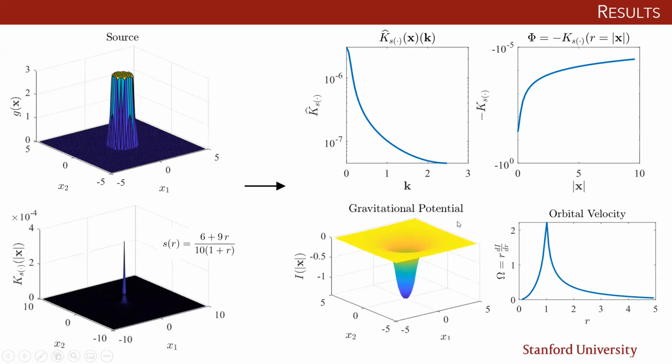And then this is the gravitational potential, which is the solution, the result of the convolution. And then the orbital velocity, which is the observable quantity that we can use to check our solution. Using this, we were also able to match the analytical solution from our collaborator, which was great.